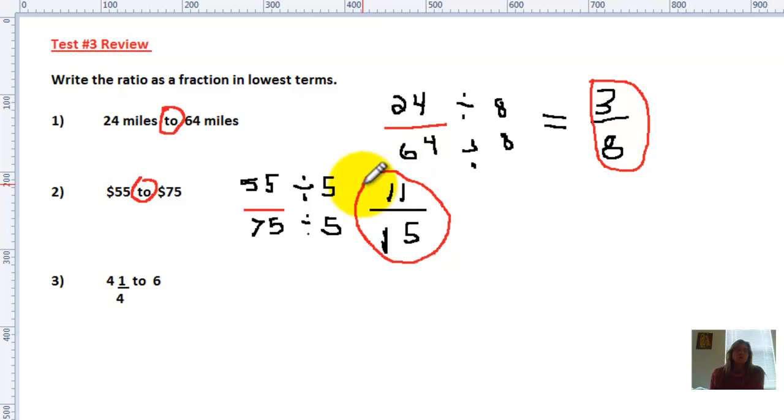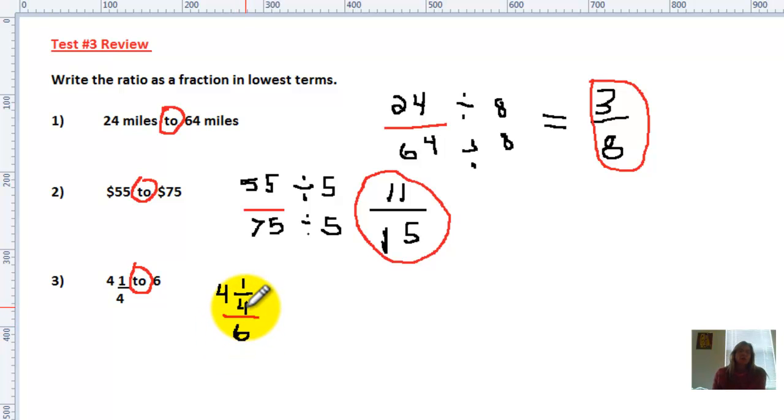And number 3, we have a mixed fraction, but we don't treat it any differently. You still have the "to", that's still your fraction line, so you put 4 1/4 on top as the numerator, over 6.